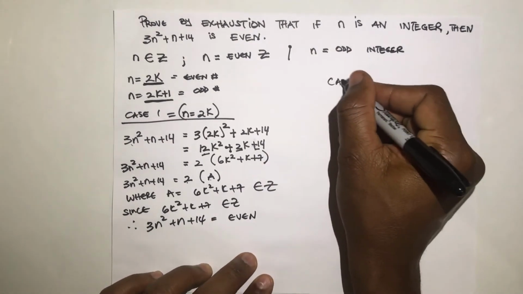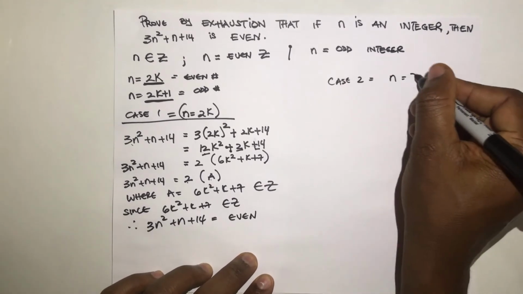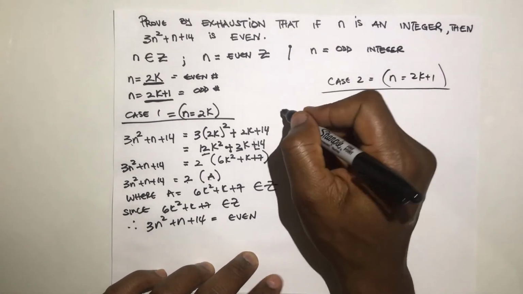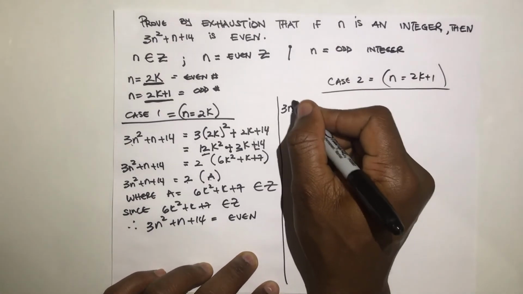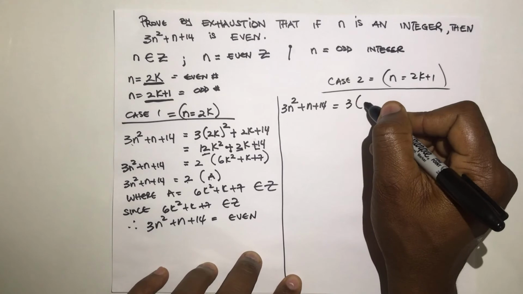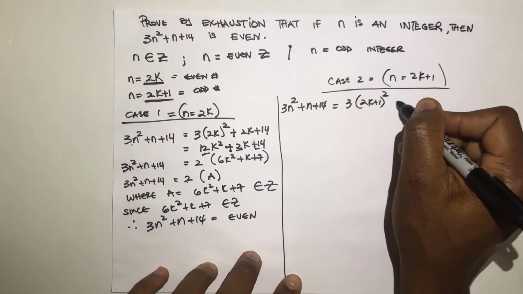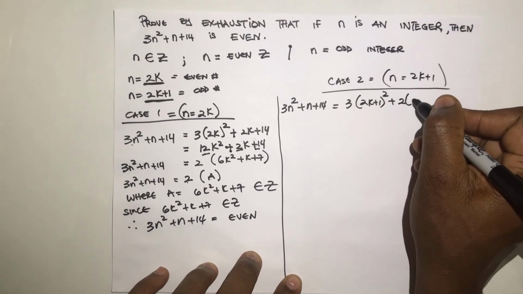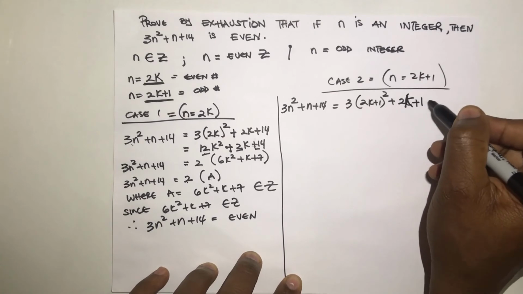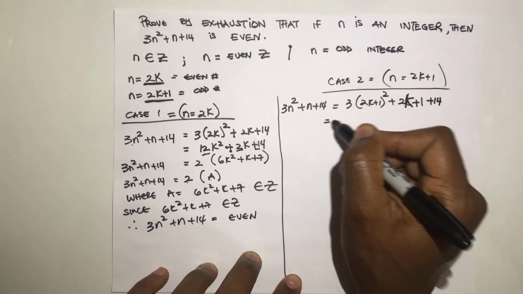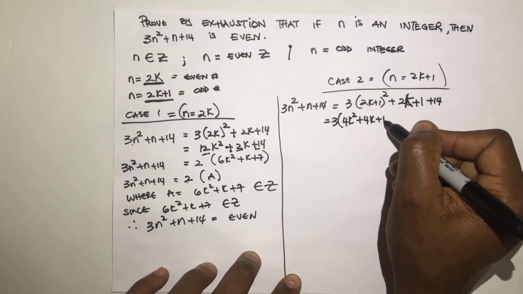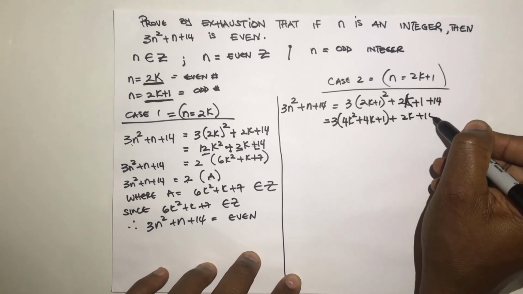Now looking at case 2, where n is equal to 2k plus 1, right? It's a simple substitution. 3n squared plus n plus 14 is equal to 3 times 2k plus 1 all squared plus 2k plus 1 plus 14, and this will be 3 times 4k squared plus 4k plus 1 plus 2k plus 15.